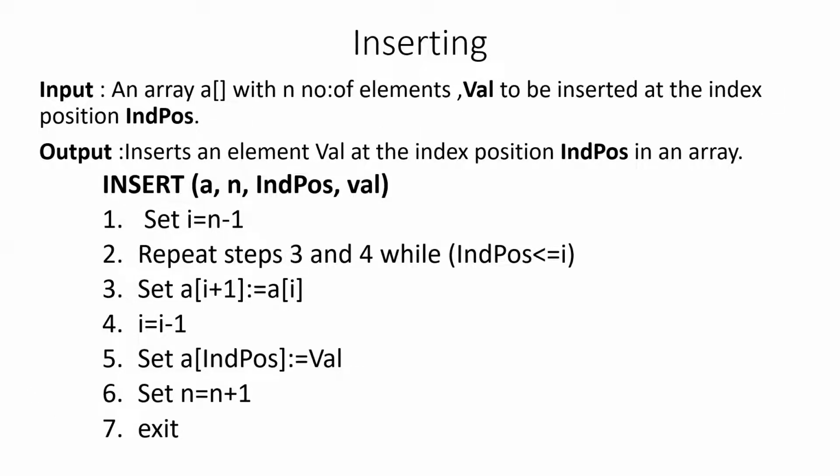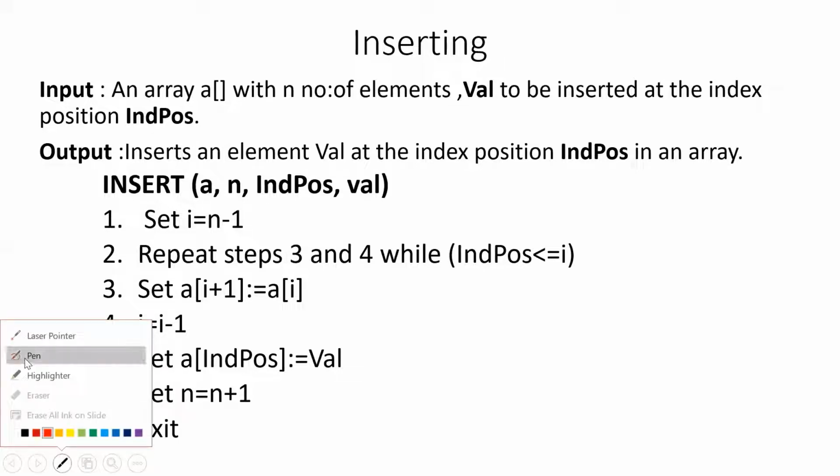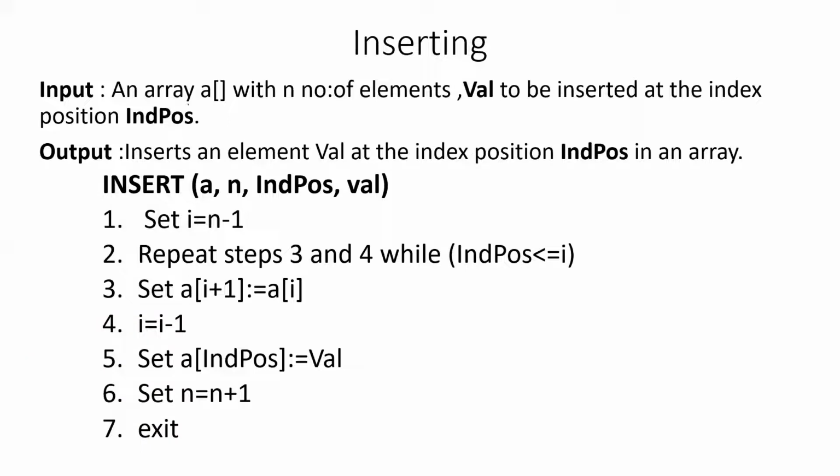So what are the inputs required for the insertion function? The array with the n number of elements, the value to be inserted, and the index position. It's not the position, it is the index position, or we can call it index also. Index position at which the value or the number has to be inserted.